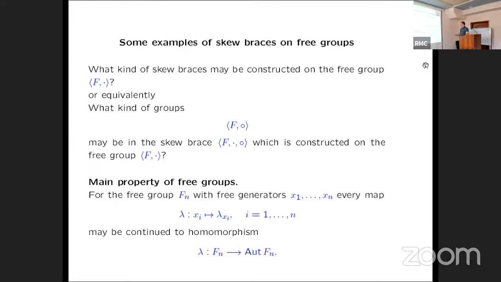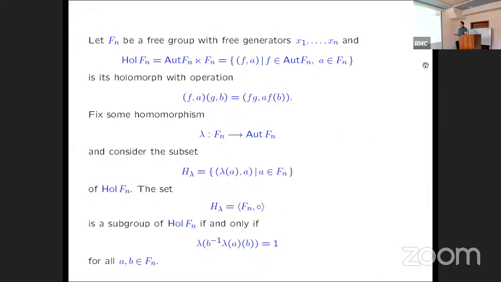If we take free generators, then every map on generators may be extended to a morphism of Fn to Fn. So we have a free group with generators, the Holomorph with this multiplication, fix some homomorphism, and consider a subset of the following form. This set is a subgroup of the Holomorph, with this multiplication circle, if and only if we have this equality for every a, b of F.